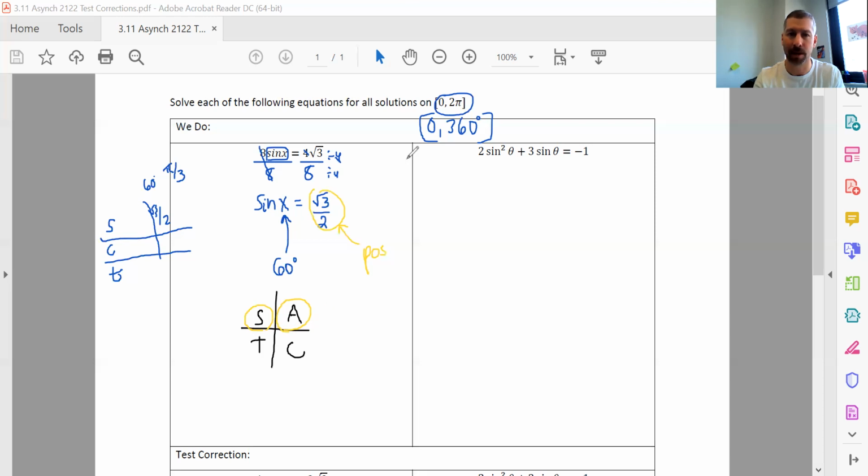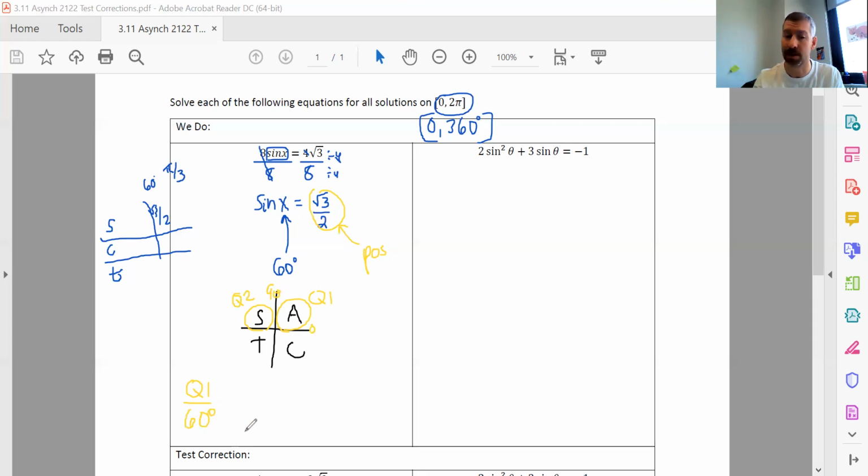How does that help me? Well, this is quadrant 1 and this is quadrant 2, and we've got some little formulas that we can use for each one of those. So for quadrant 1, we just leave everything the same. Remember, that's between 0 and 90 degrees. So 60 degrees is in quadrant 1, so we can use it as an answer in this case.